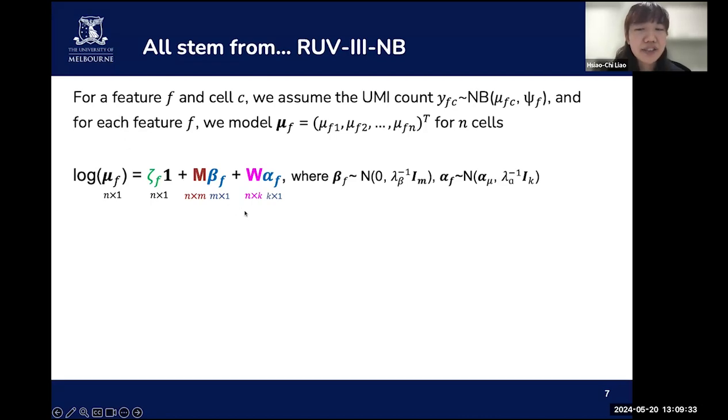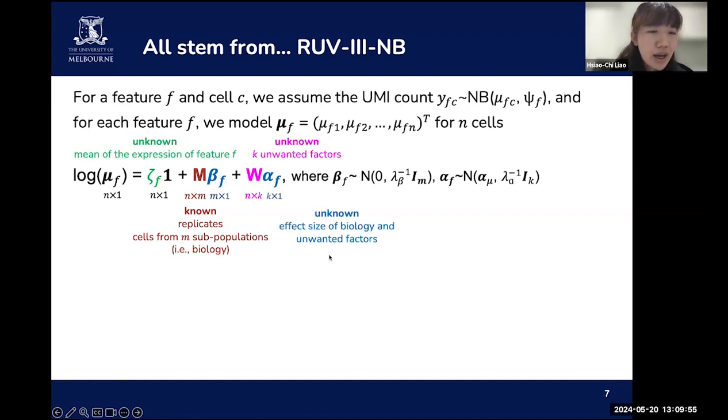This model consists of several parts. We have the M matrix, which we need to specify for the model, and the M matrix contains the biological information of the data set. Here we have M subpopulations in our data set. For the other parameters, such as the intercept and the unwanted factors matrix W, we don't need to know them, and the IUV3MB algorithm will estimate them for us.